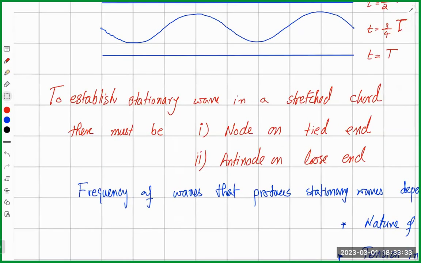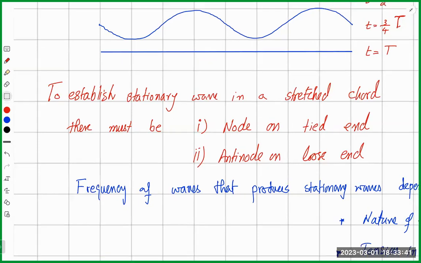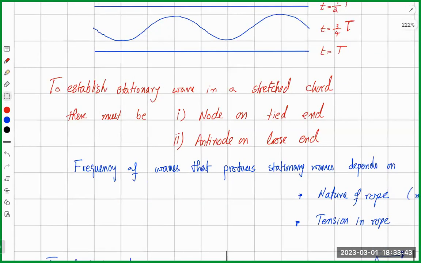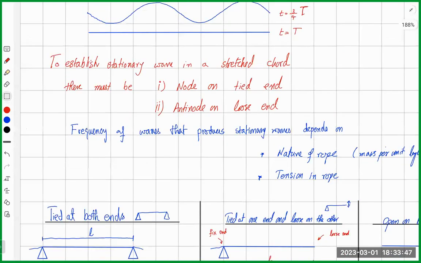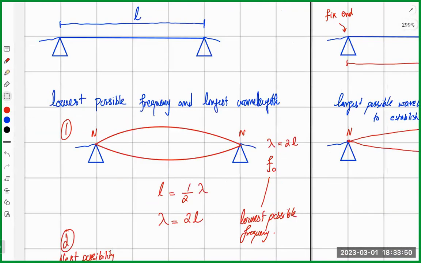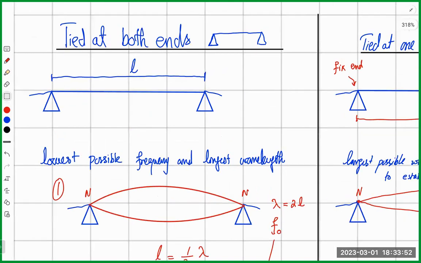The end which is loose, which is open, which can move, should have an antinode. Now, see the first one. We have a rope which has a length L. It is tied on both ends.